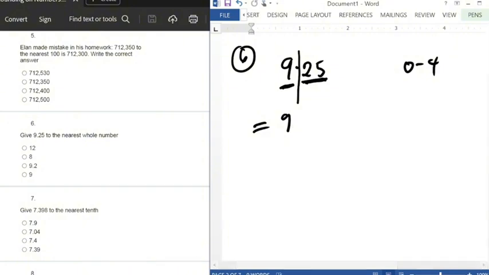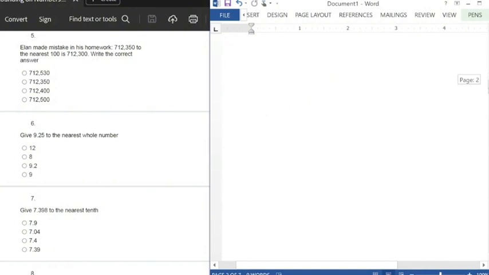Okay, so we move to question number 7. Give 7.398 to the nearest tenth. The nearest tenth.